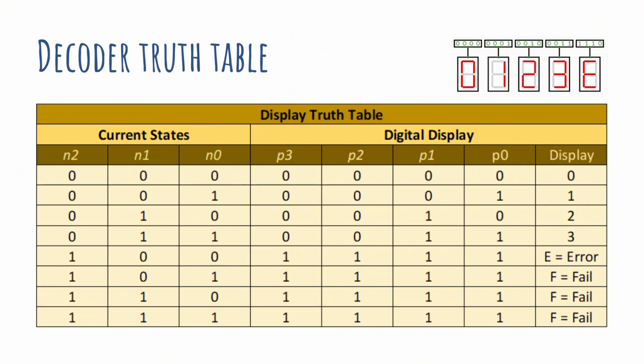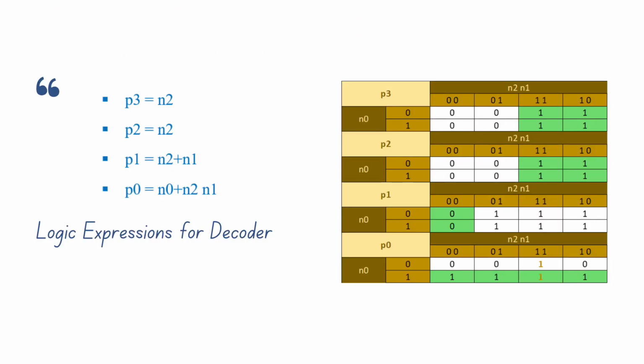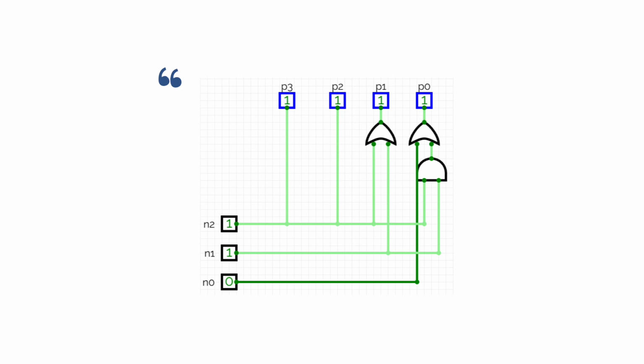Except when it is an error, when you borrow over the book limits, it will show an E. And if the state accidentally goes into some invalid values, the indication would be letter F, for us to debug as well as to know what is going on with the circuits. And again, here are the logic expressions for the decoder as well as the CircuitVerse implementation of the decoder.